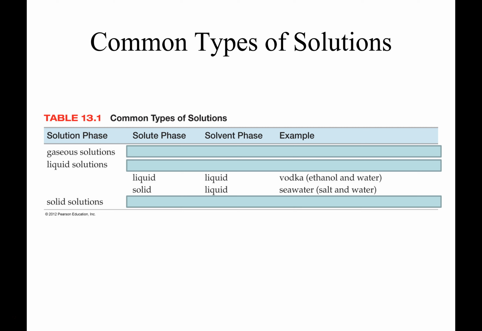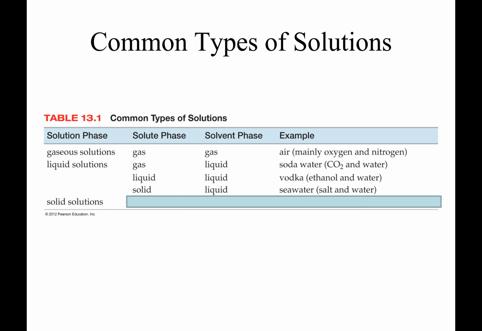We could have a liquid solvent and a liquid solute, such as vodka, which is mostly ethanol, the solvent, and the solute would be water. We could have a gas dissolved into a liquid solvent. A good example of that is pop: carbon dioxide has been infused into the sugar water, which is the solvent. We could have a solution of gases.